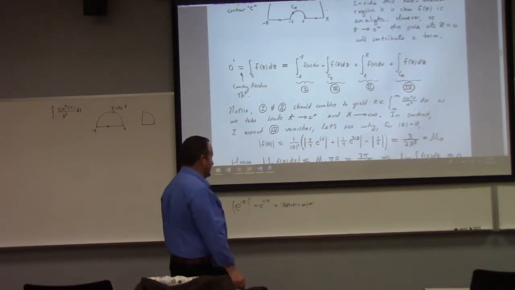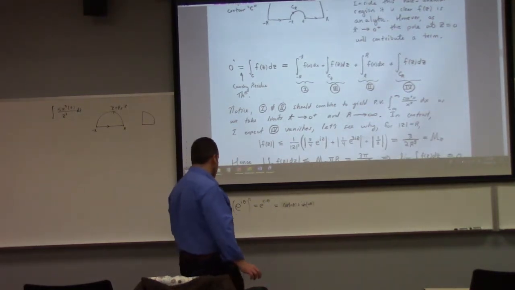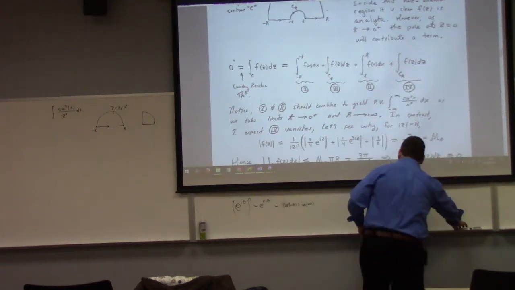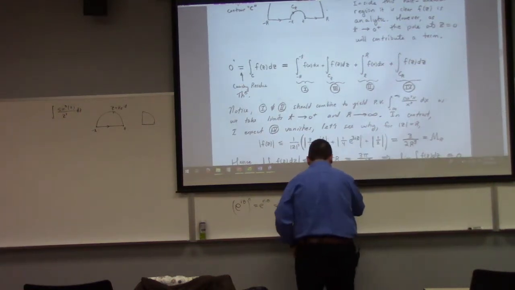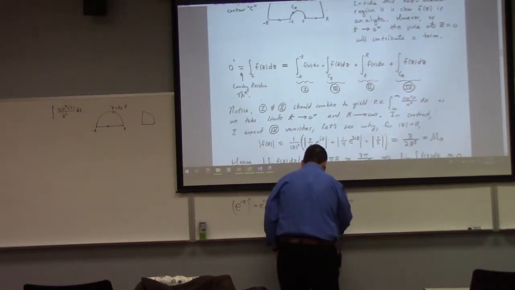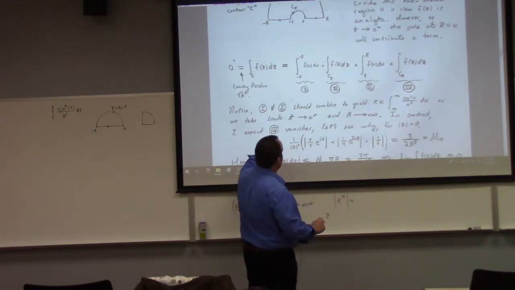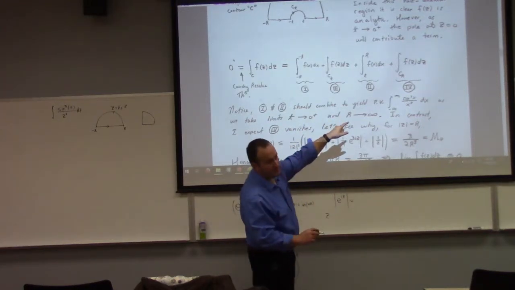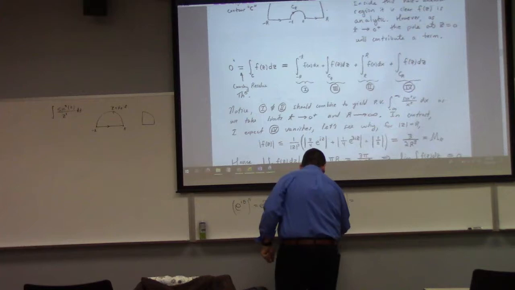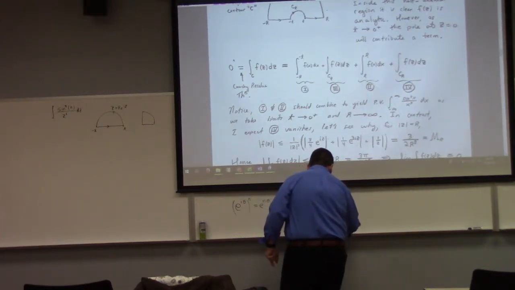Because what's the modulus of e to the iz? Now here z is equal to what? We're on 4, which is z equals r e to the i theta, right?